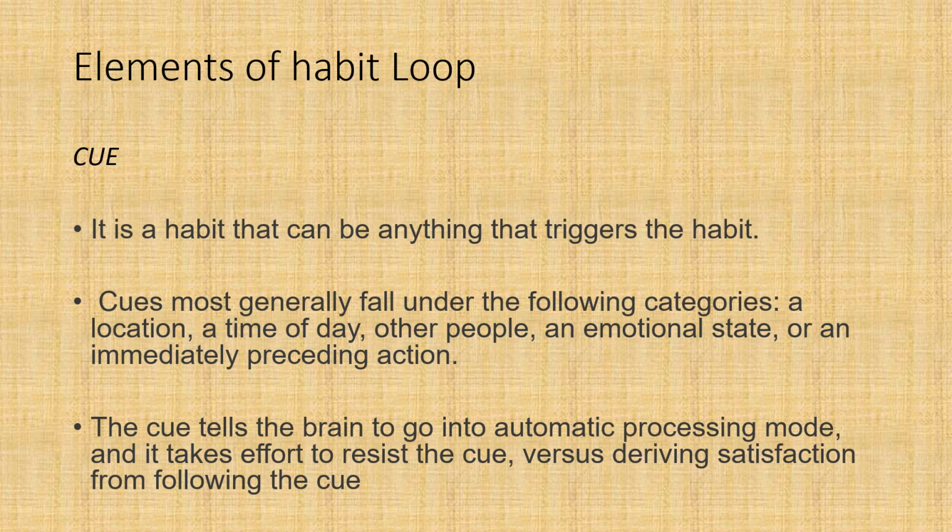So this habit of talking with my friend and feeling happy is activated by seeing your friend or your family member or any relative or any other significant person in your life.